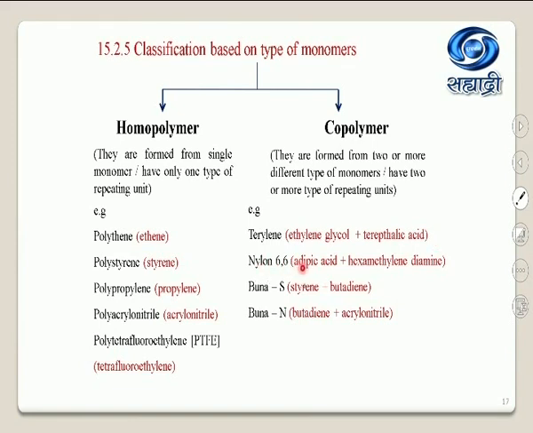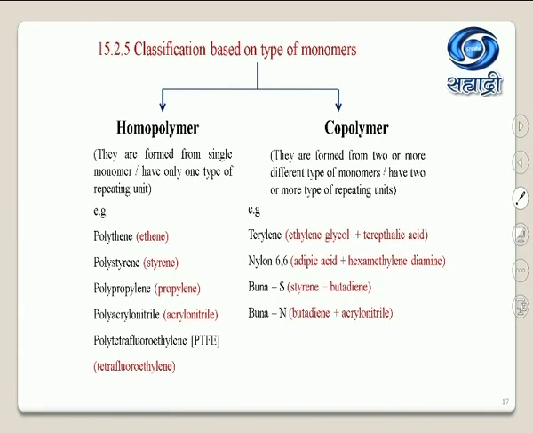Then nylon 6,6, which is obtained from two different monomers again, that is adipic acid and hexamethylene diamine. Then Buna S, this polymer is also obtained from two different monomers, that is styrene and butadiene.